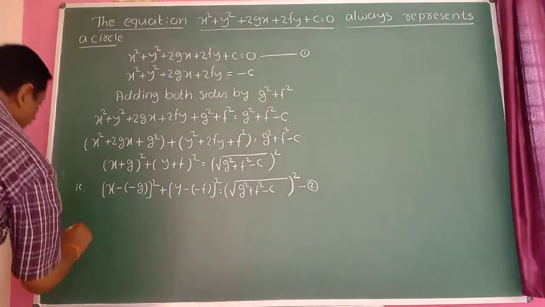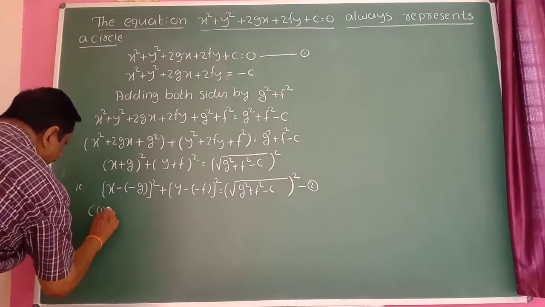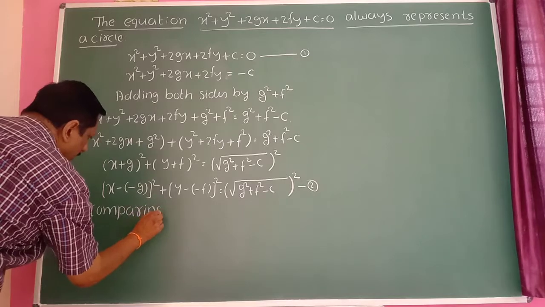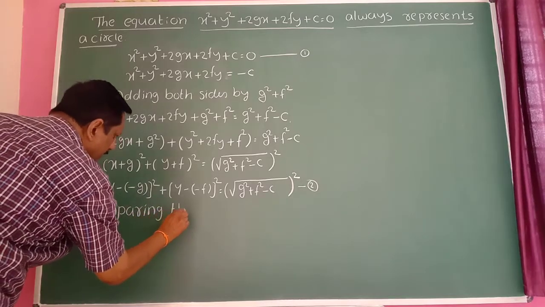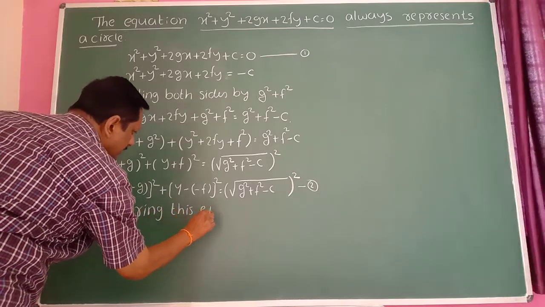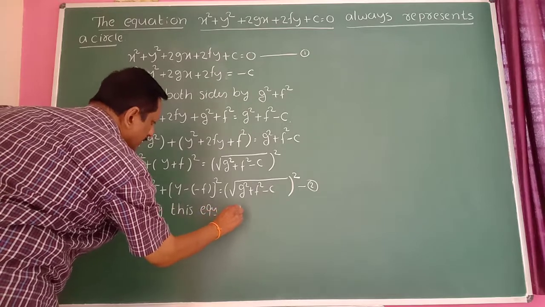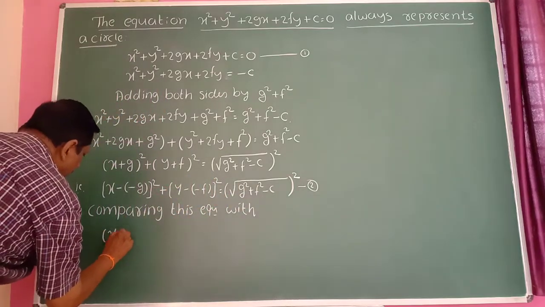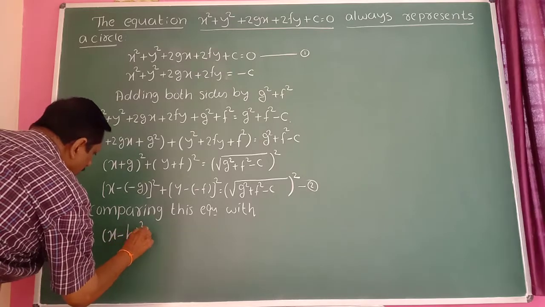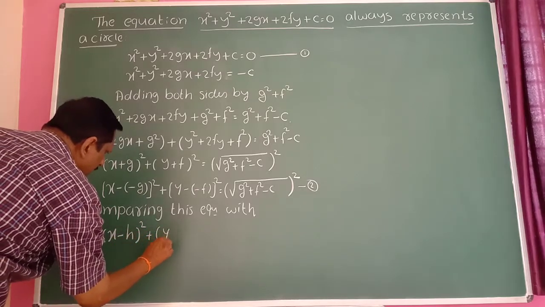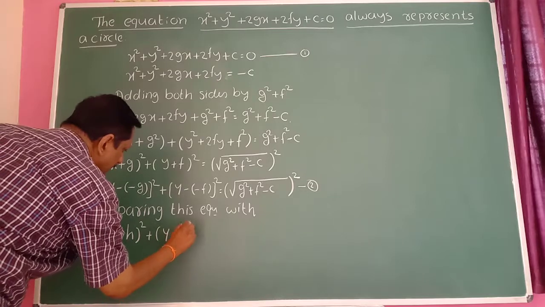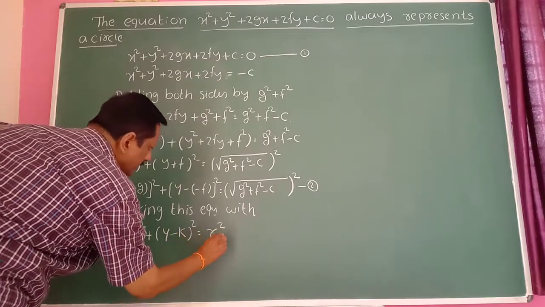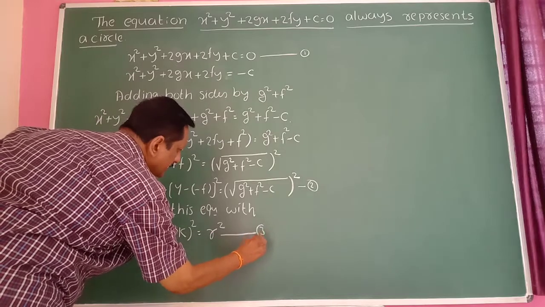Then comparing this equation with (x minus h) whole square plus (y minus k) whole square is equal to r square, take this as equation number 3.